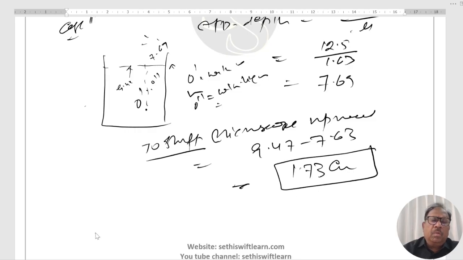Means the microscope is shifted away from the liquid by 1.73 centimeter to focus the needle again.